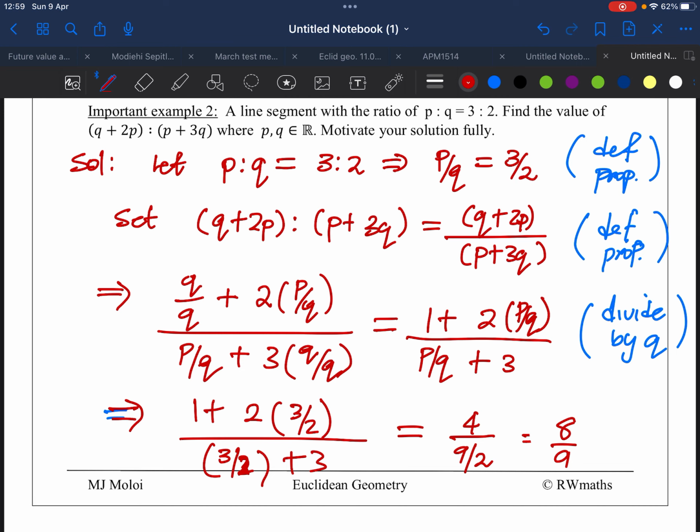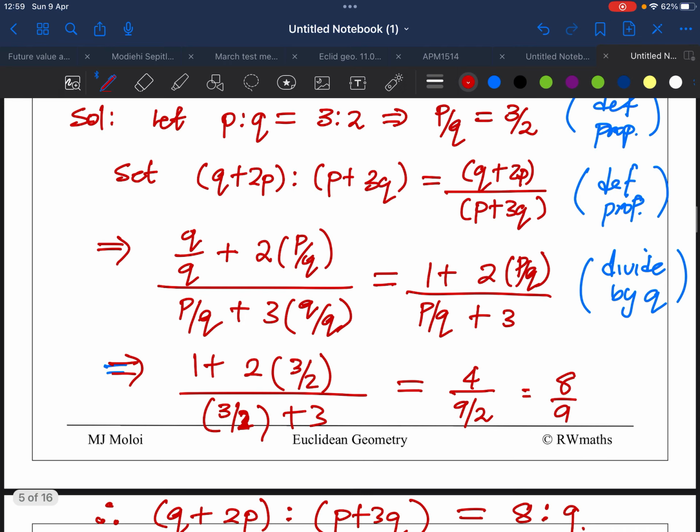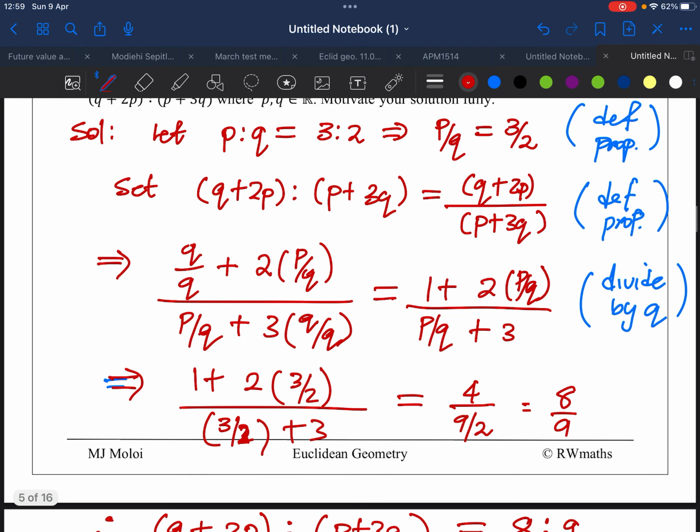We divide both numerator and denominator by Q so that we have P over Q there. Q over Q is 1, so it's 1 plus 2 into P over Q, over P over Q plus 3. Now we know that P over Q is 3 over 2, so if you substitute, you will have something like that.